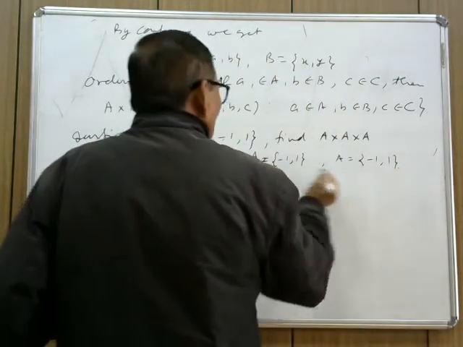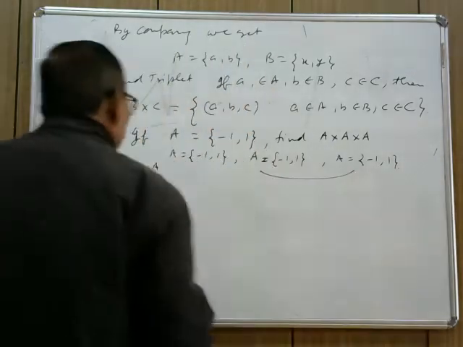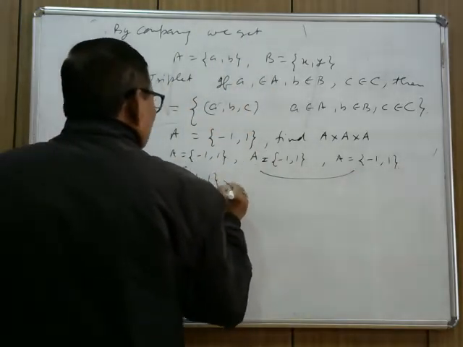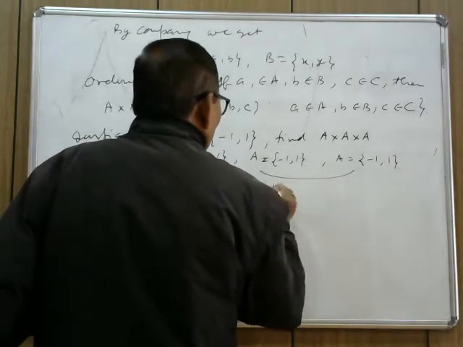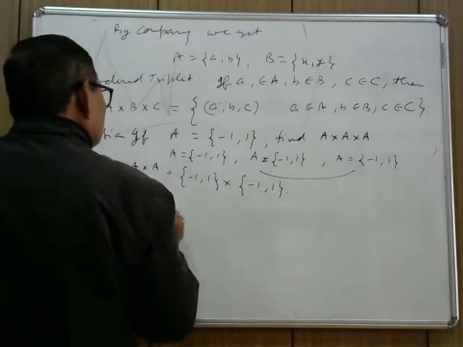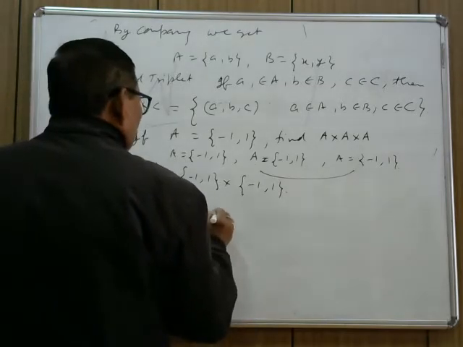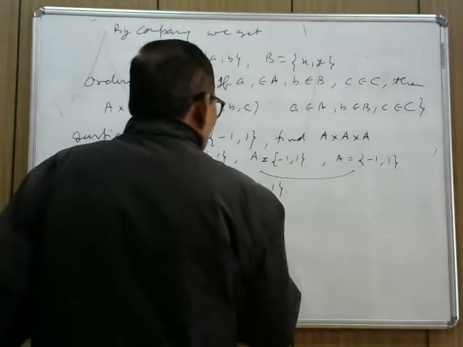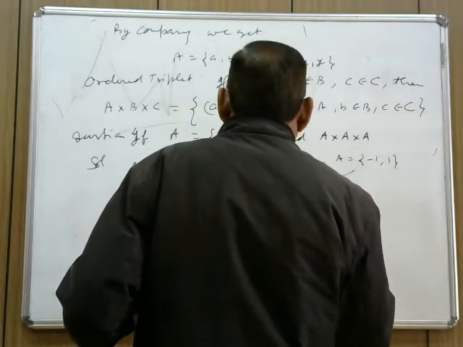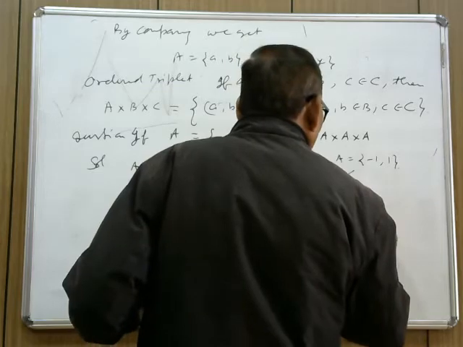You find A cross A between these two sets. You find the Cartesian product. So that is equal to {-1, 1} cross {-1, 1}. Do it carefully. A cross A consists of the elements (-1, -1), (-1, 1), (1, -1), (1, 1).